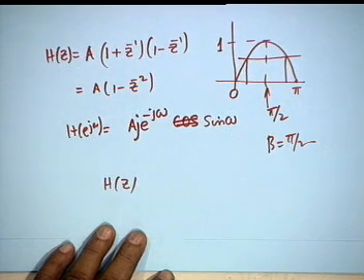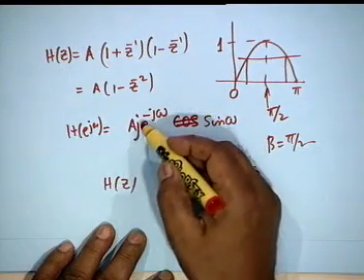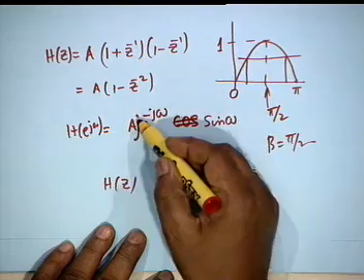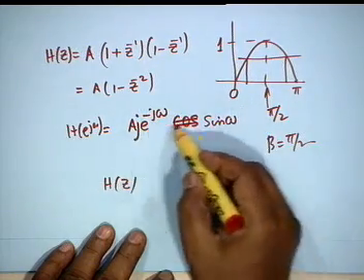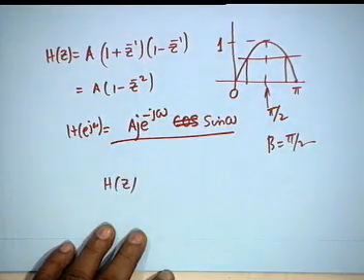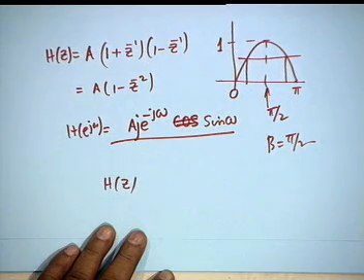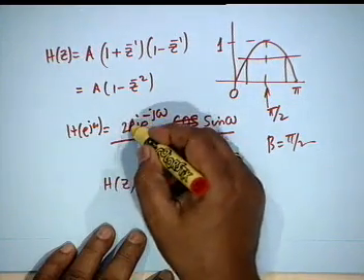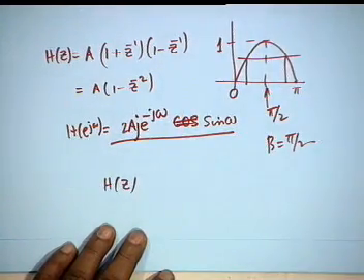Capital A should be half, not 1/4. Isn't that right? I have made a mistake here, this is not correct. This should have been twice A. So capital A equal to half will give me response 1.